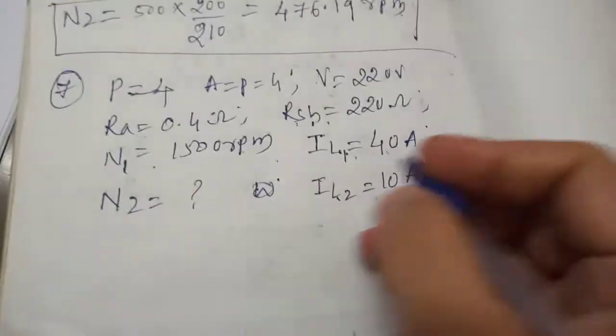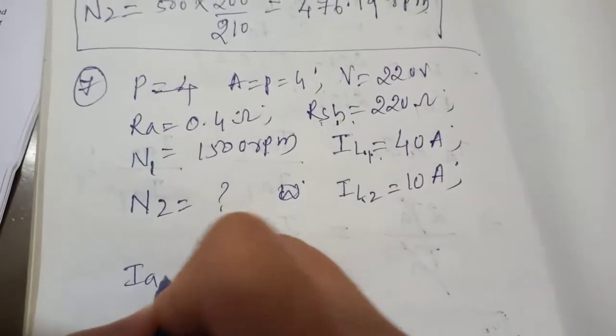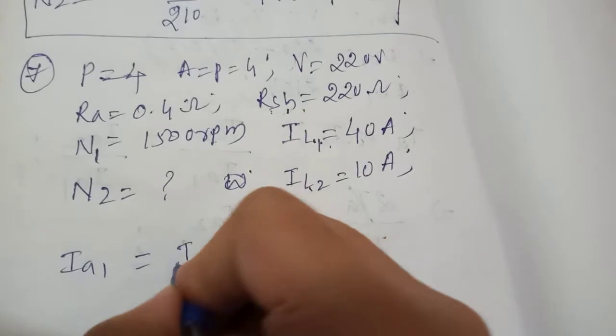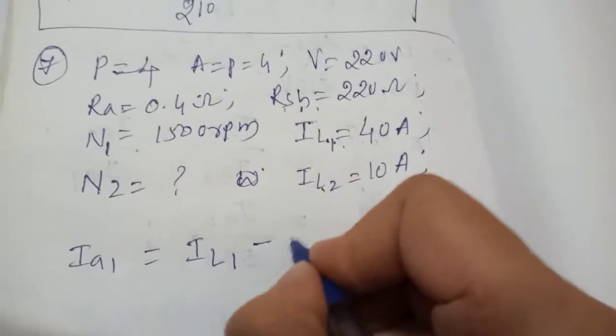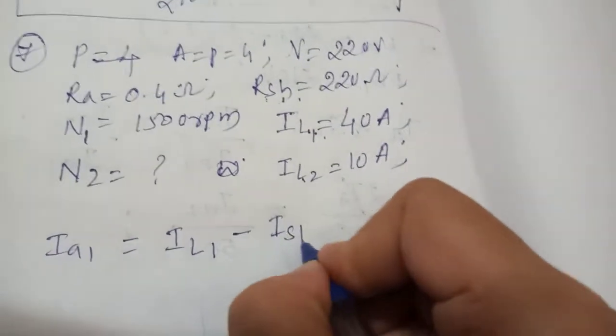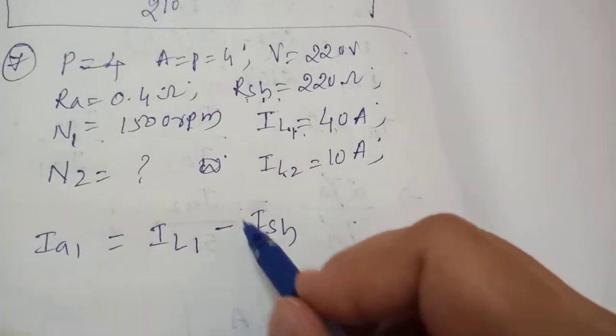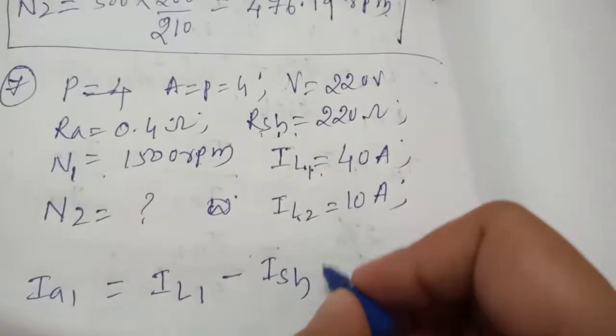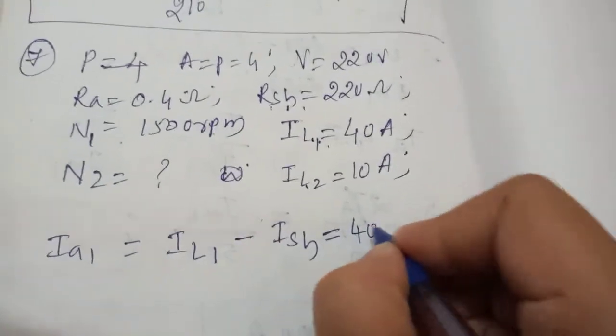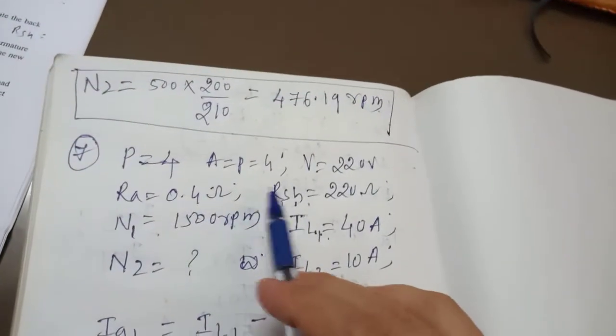For this problem, let me calculate IA1 first. IA1 is equal to IL1 minus ISH, right? The shunt field current will be constant. IL1 is 40 amps. What is the ISH current?